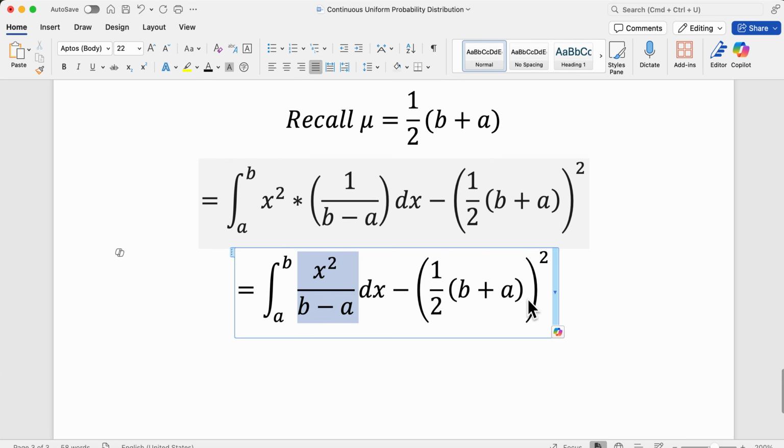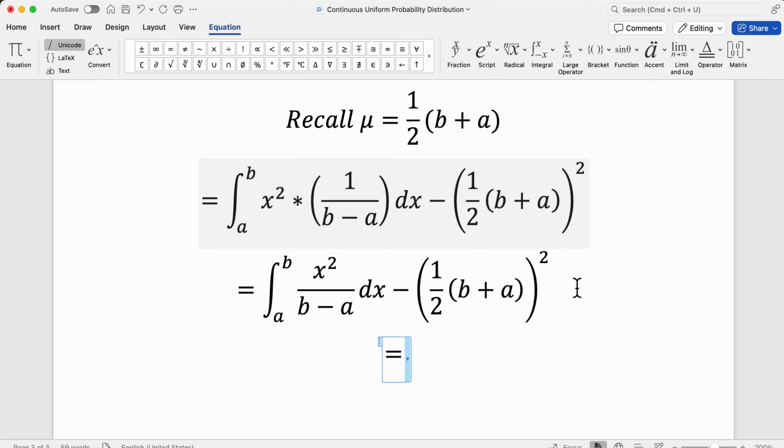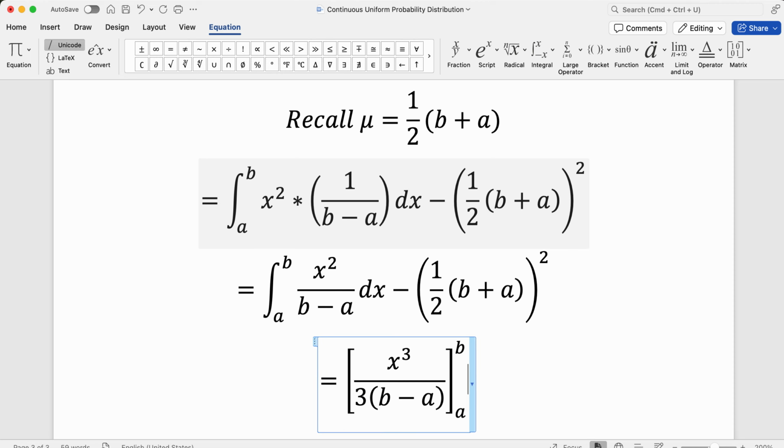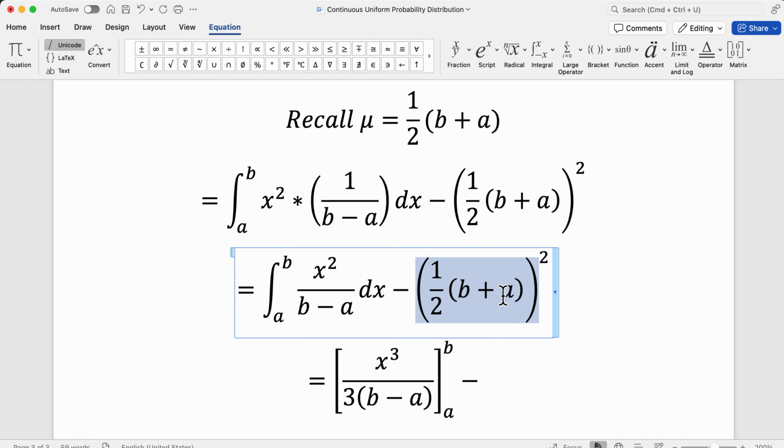Now I get a cube out of this, so this becomes x cubed over 3 times b minus a, and I need to square bracket this again from a to b, minus this quantity here.